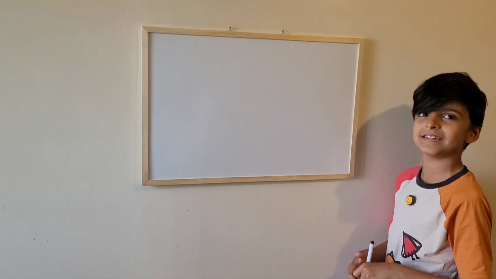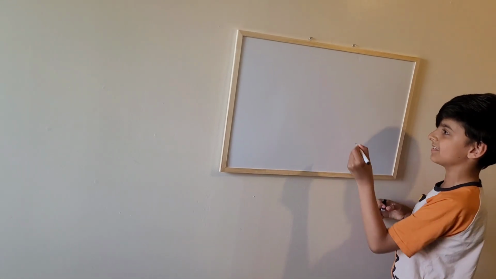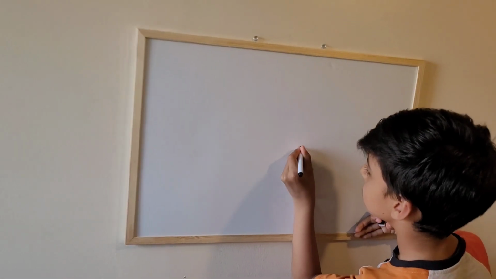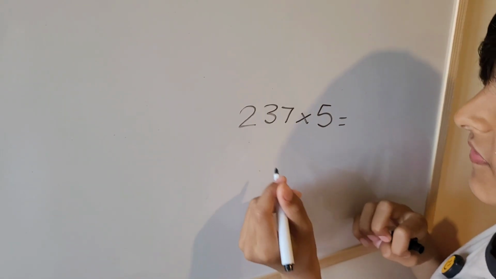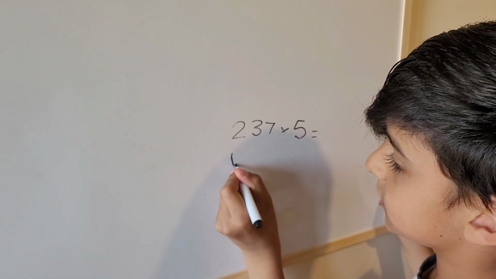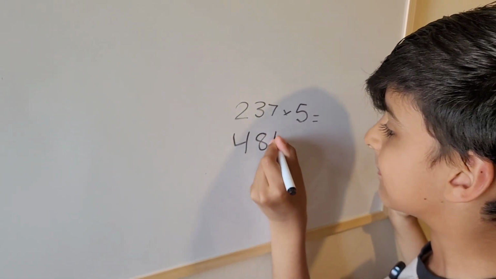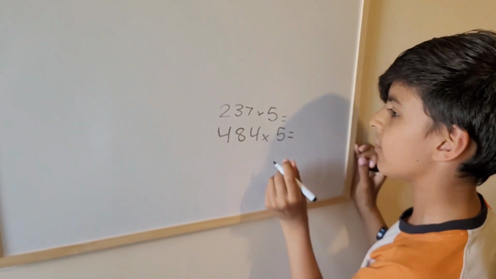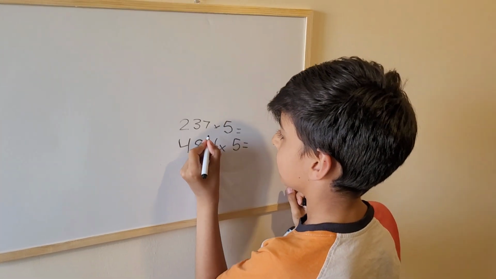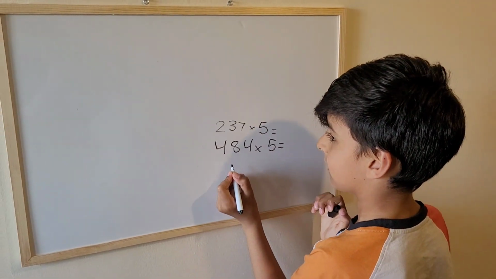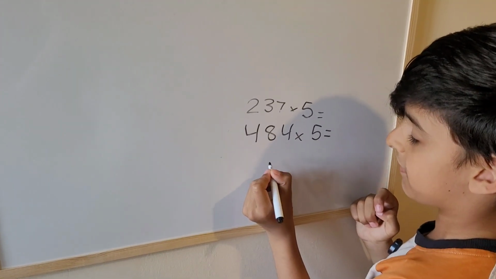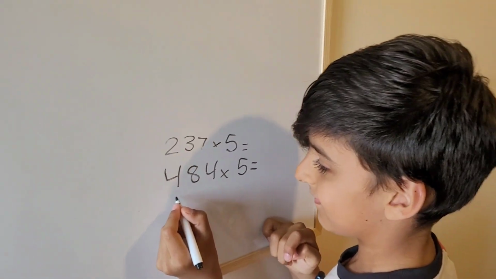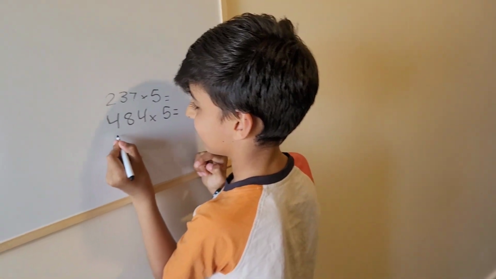Now I'm going to give you examples to do using the same trick. 237 times 5. Next 484 times 5. And now some 2-digit examples, and then finally a 4-digit example, which you can do using the trick.